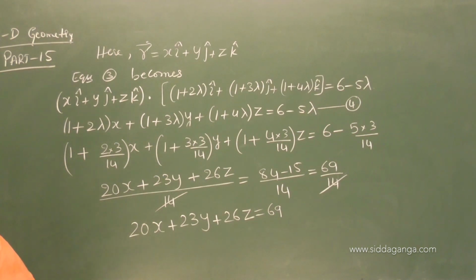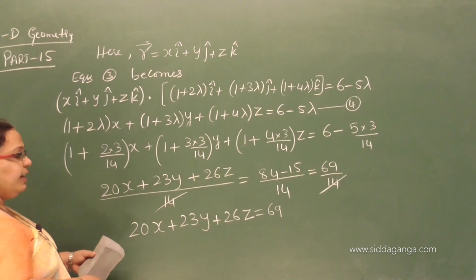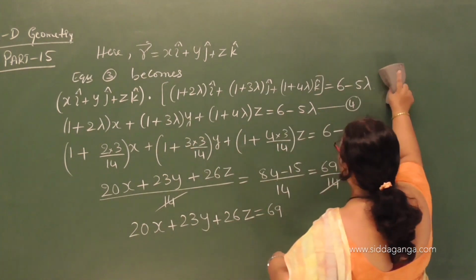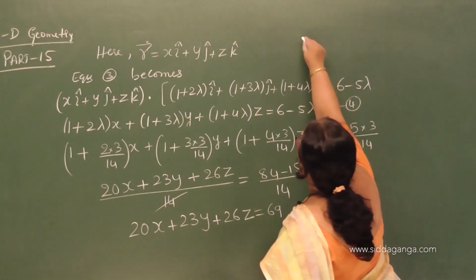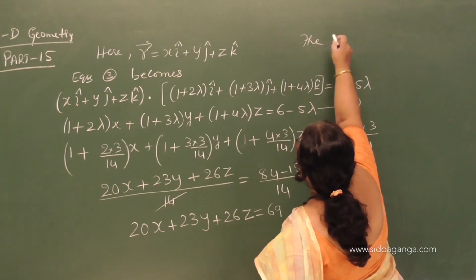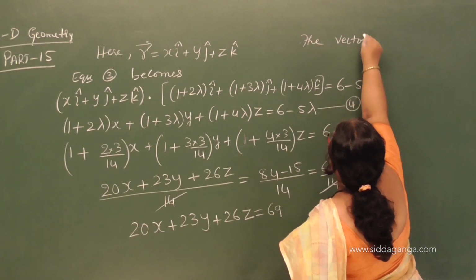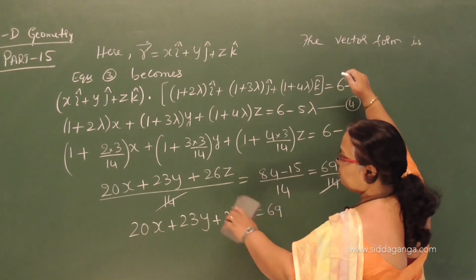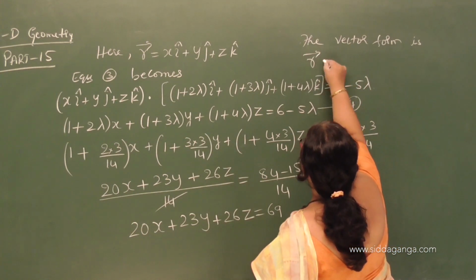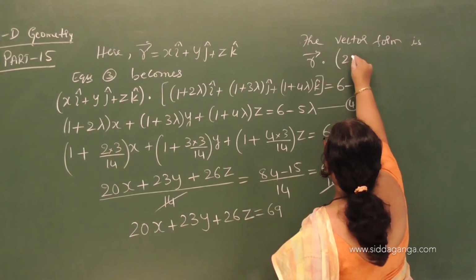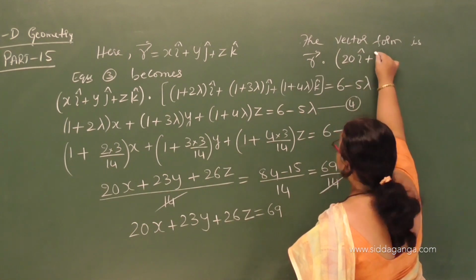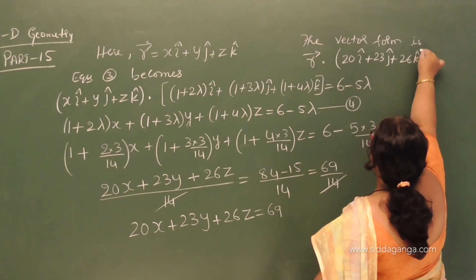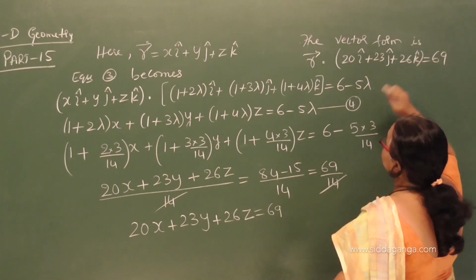Now if we are asked to write this in vector form, this is the Cartesian form. Therefore the vector form is: when writing the vector form, x, y, z is represented by vector r. So we have vector r dot 20 i cap plus 23 j cap plus 26 k cap equal to 69.